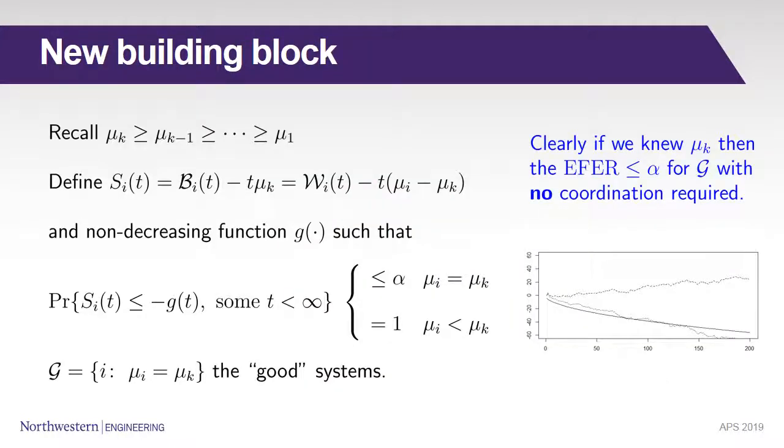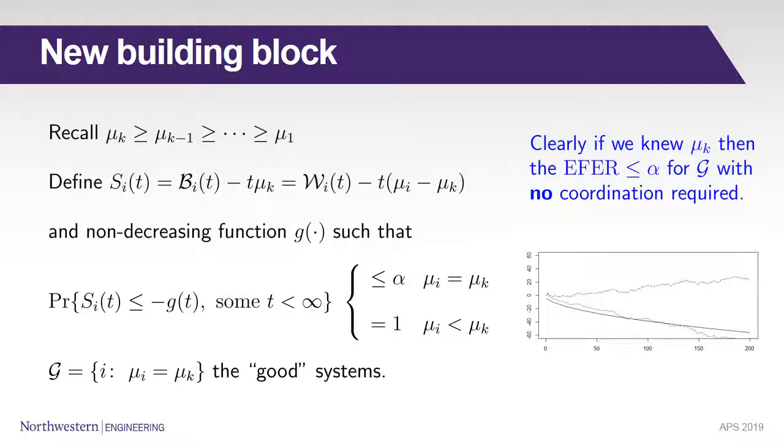To create our new procedure, we also need a new building block to replace that pairwise difference. Our building block we're going to call S sub I, which is the cumulative data recorded on system I, B sub I of t, minus t times the standard. In this case, the standard is mu k, the value of the best system.